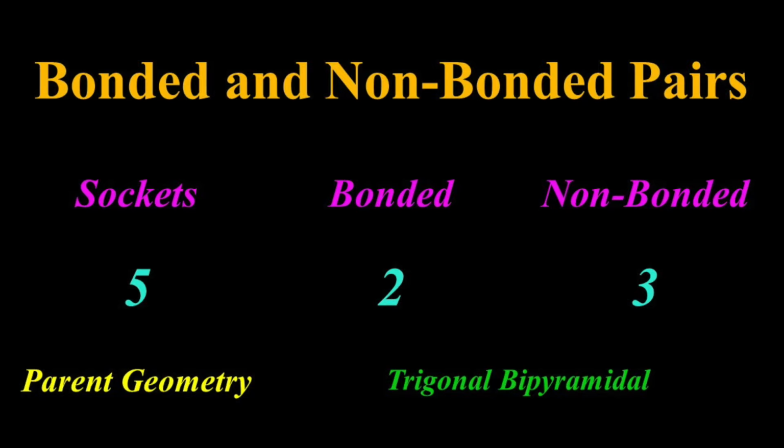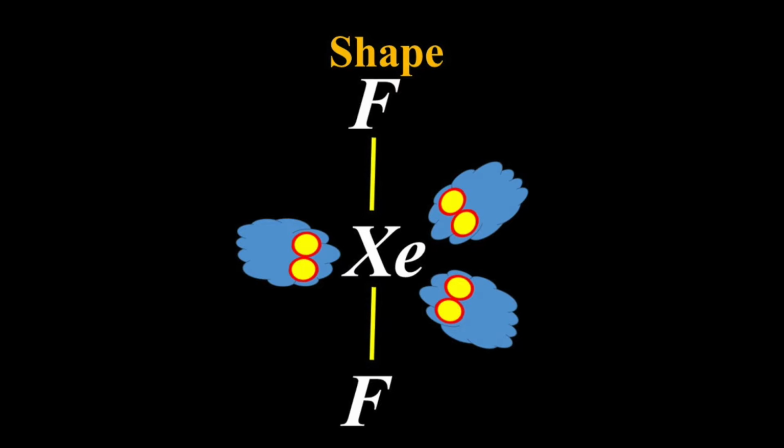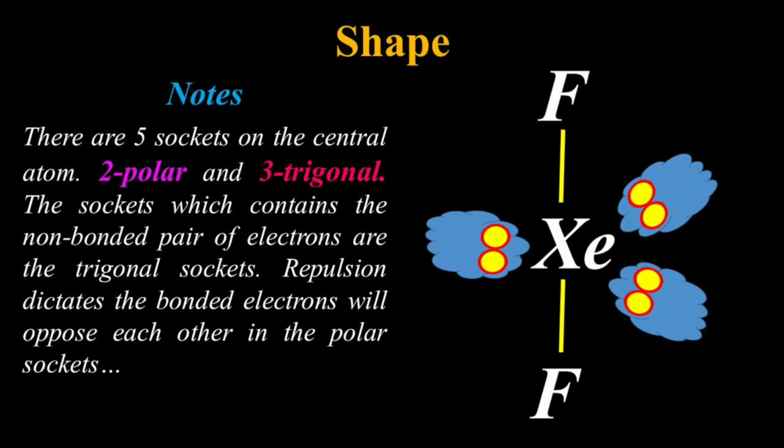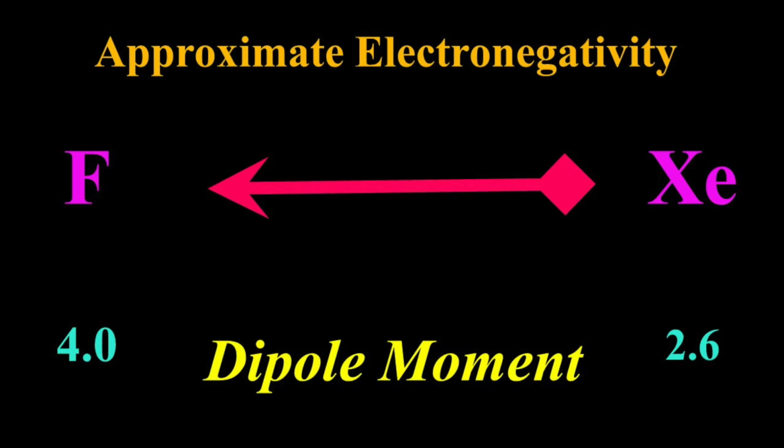So the parent geometry is going to be trigonal bipyramidal. 5 sockets, 2 bonded, 3 non-bonded. There you have it. That's your shape. You go to your reference sheet and you put in what you think the shape is. There are 5 sockets on the central atom, 2 polar, 3 trigonal, etc. So you can read that again.